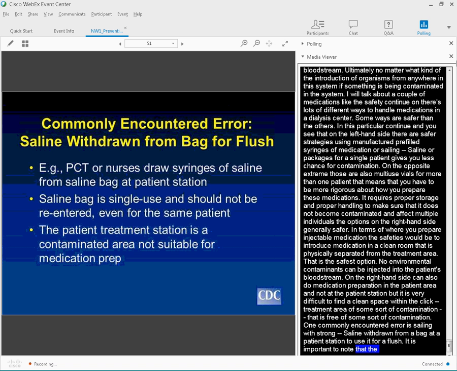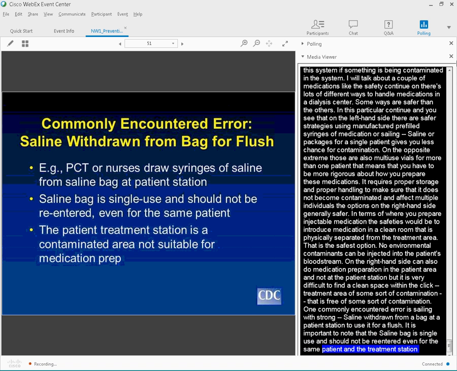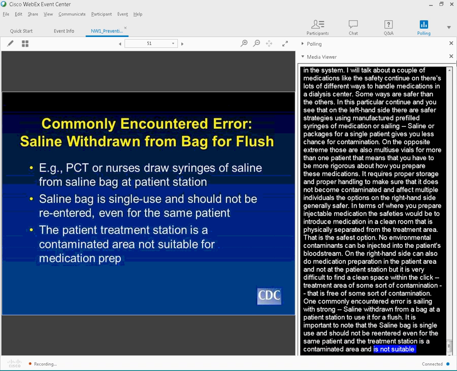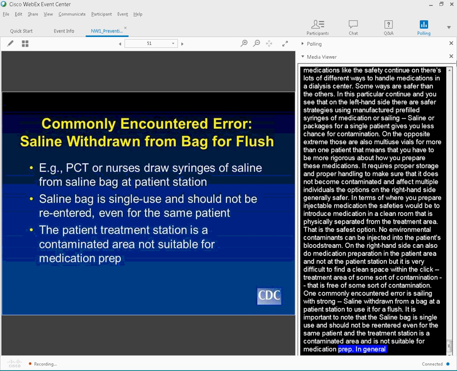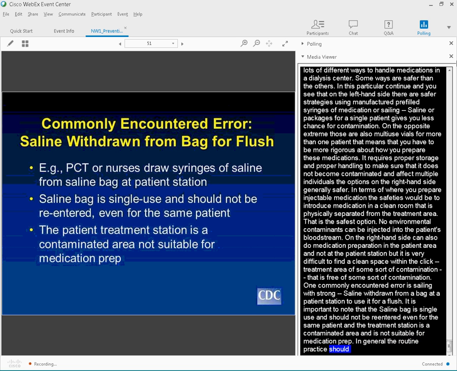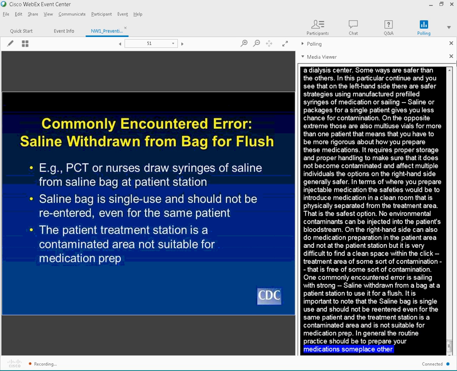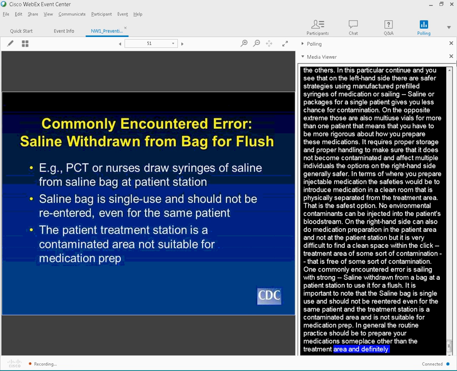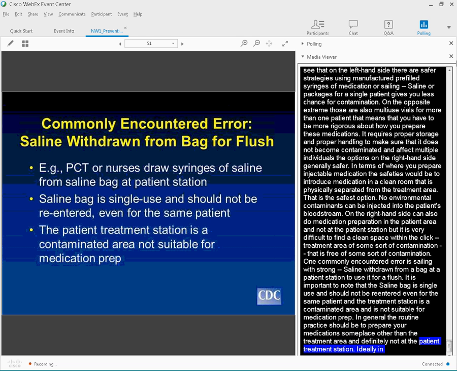So in general, the routine practice should be to prepare your medications someplace other than the treatment area, and definitely not at the patient treatment station. Again, as I mentioned, ideally in a separate room, but the treatment station is not appropriate for medication prep.